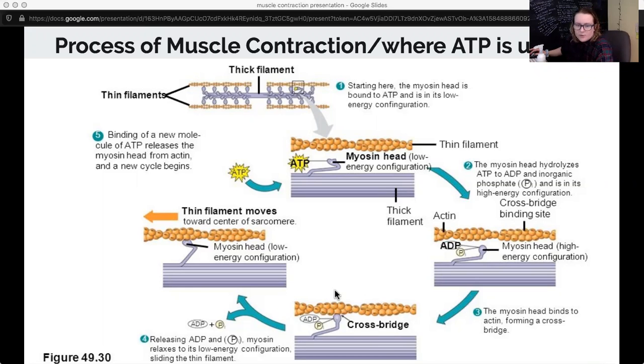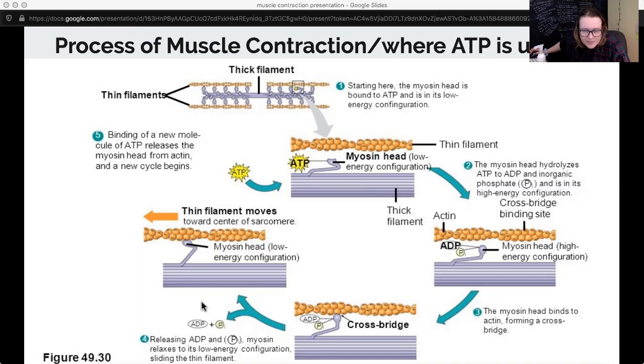The cross bridge is the myosin head binding to the actin filament. When the ADP and inorganic phosphate are released, it makes a power stroke and pushes the actin filament toward the center of the sarcomere. Many filaments doing this together contract the sarcomere, many sarcomeres contract the myofibrils, and many myofibrils contract the muscle.